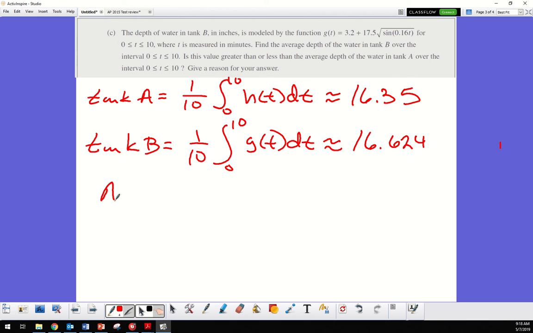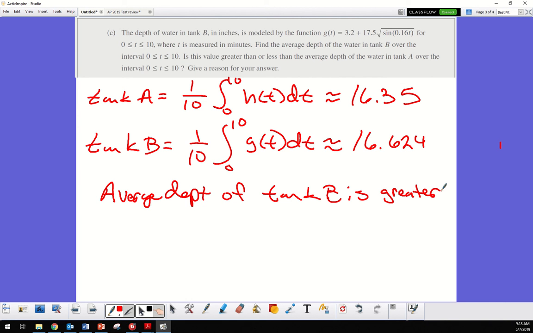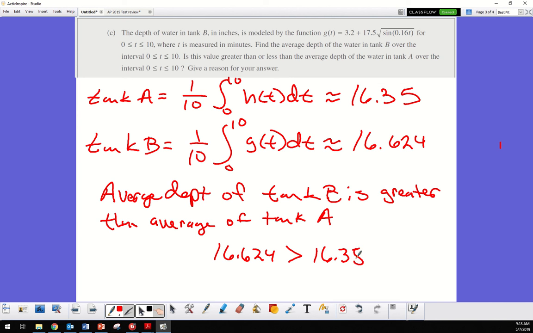So the average depth of tank B is greater than the average of tank A. If you want, just do your little alligator: 16.624 is greater than 16.35, right?